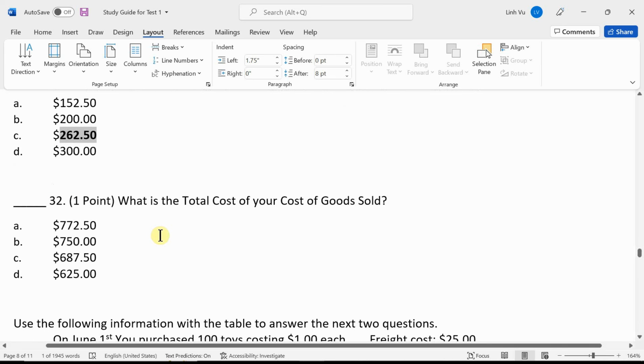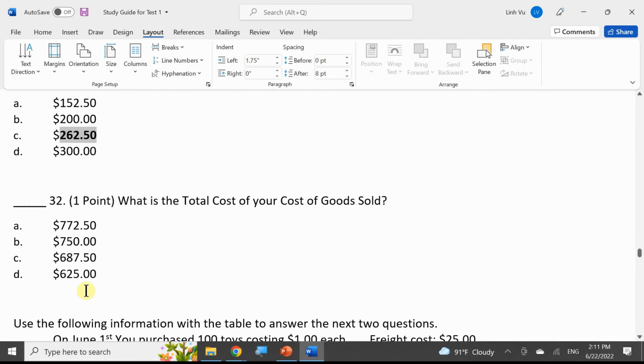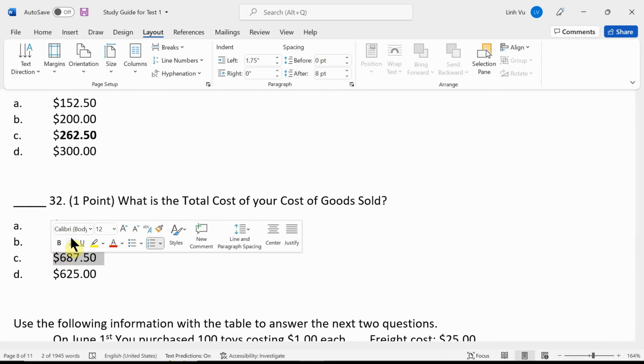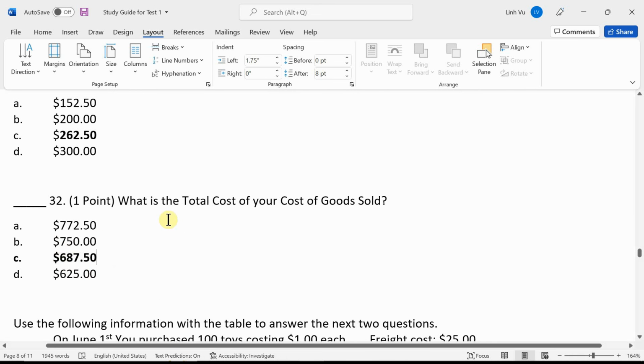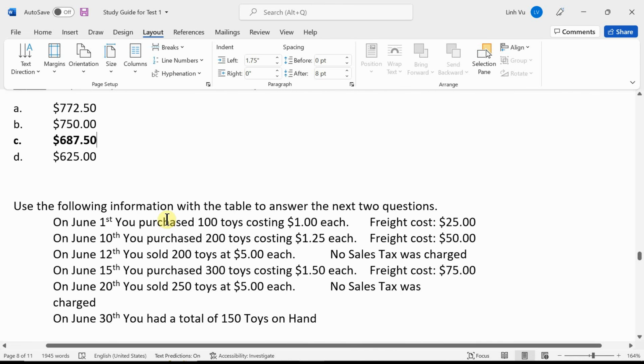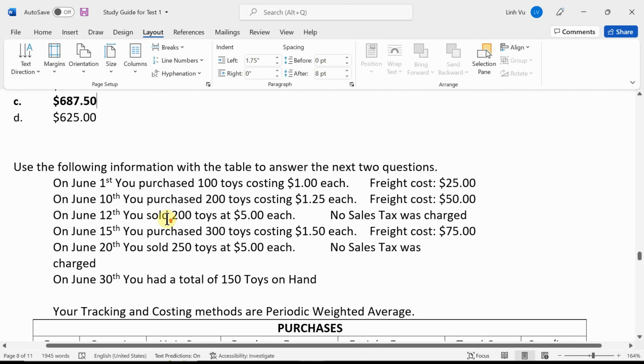And then question number 32, what is the total cost of your goods sold? 687.50. Okay. All right. So that was FIFO, okay?